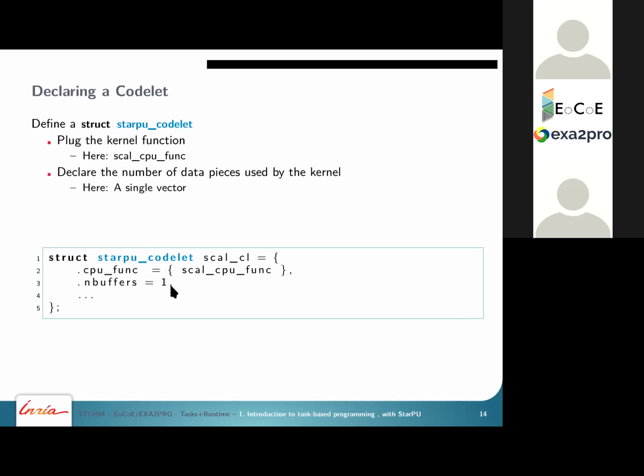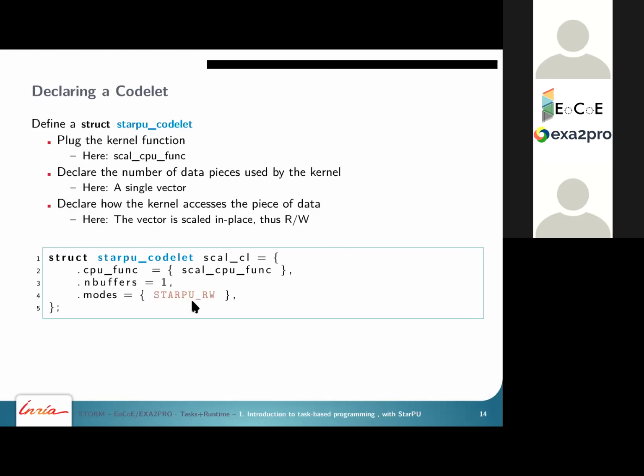You say that you have one piece of data, used as both input and output. So it is in-place modification, since it takes it as both read and write mode. The task will get just one parameter, and it is allowed to read it and to write to it.